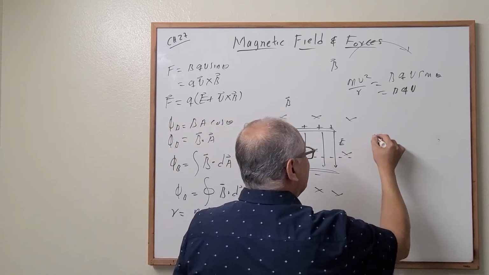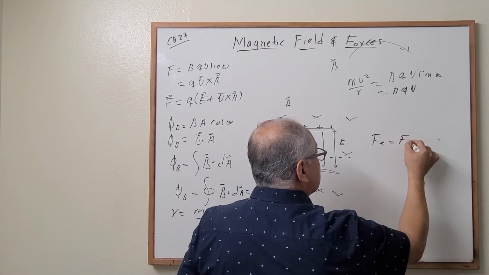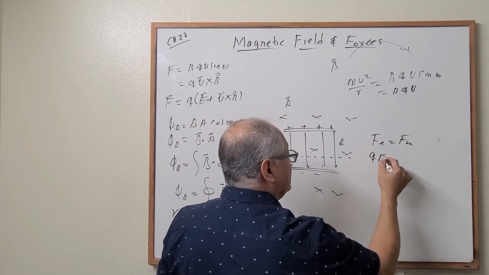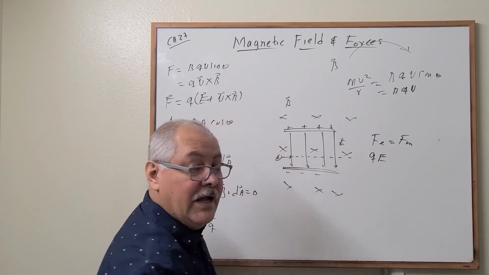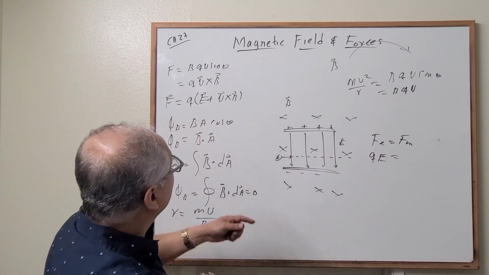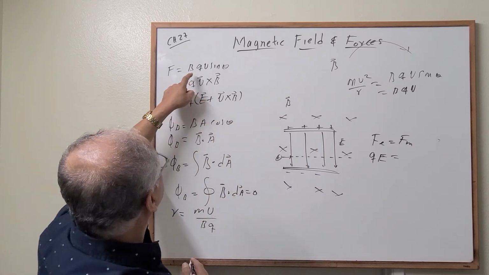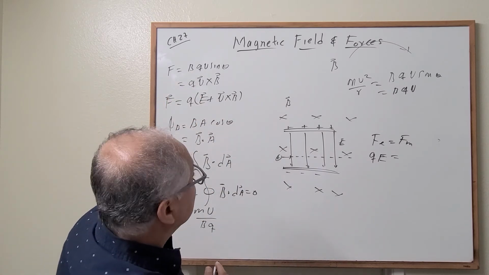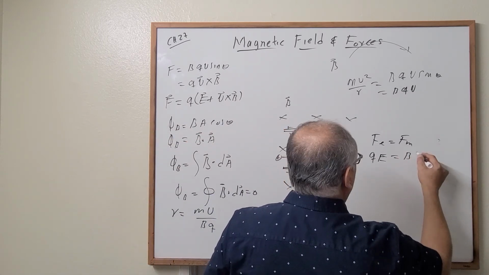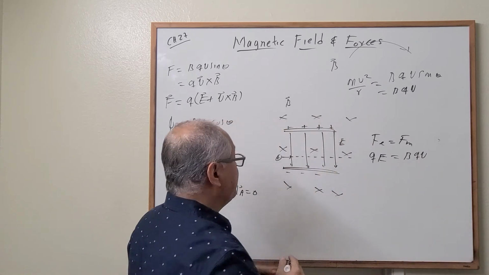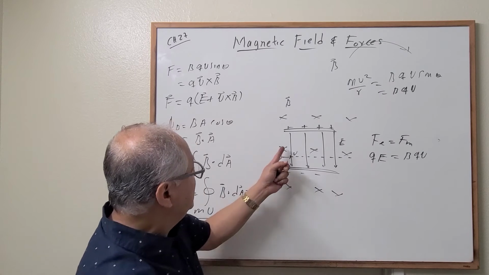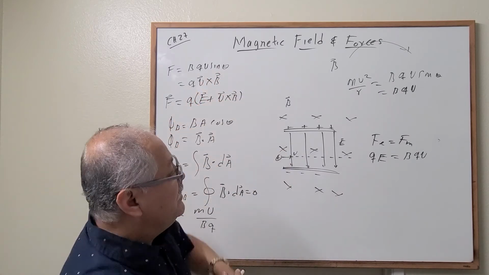And what do we have? Well, this electric force equals this magnetic force. So what should be the electric force? The electric force is the charge times the electric field, and it equals what should be the magnetic force? Well, the magnetic force comes from this equation, B q v, and the angle between the velocity, this is v, and the magnetic field is 90 degrees, correct? So sine 90 is going to be 1.